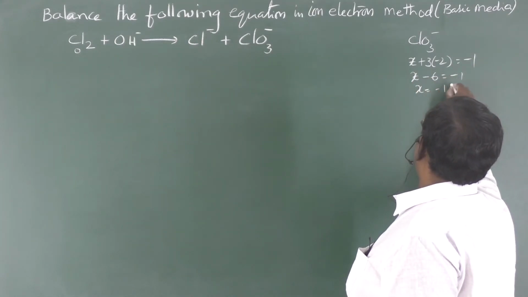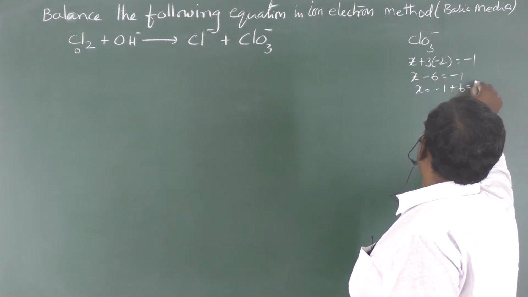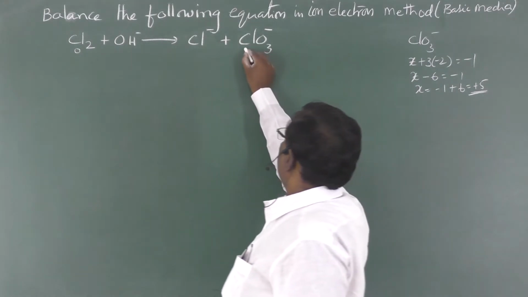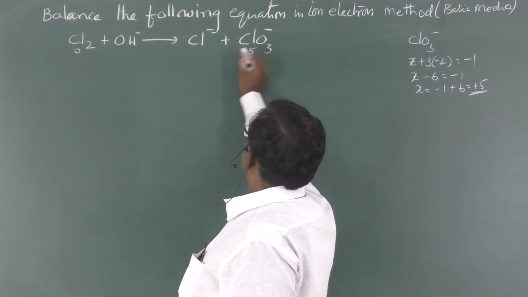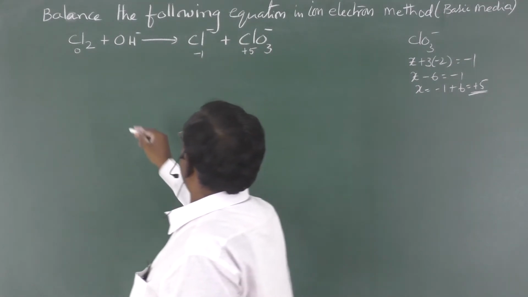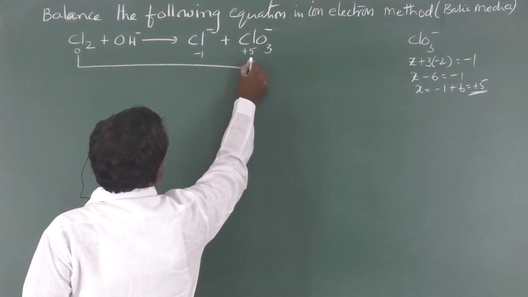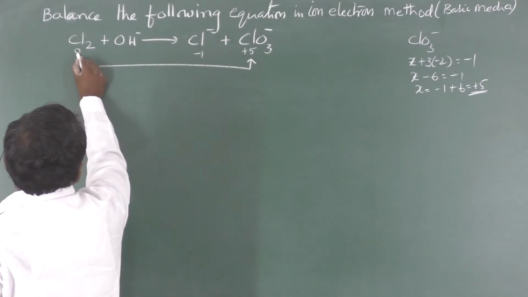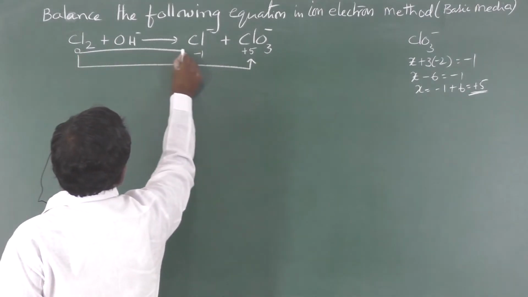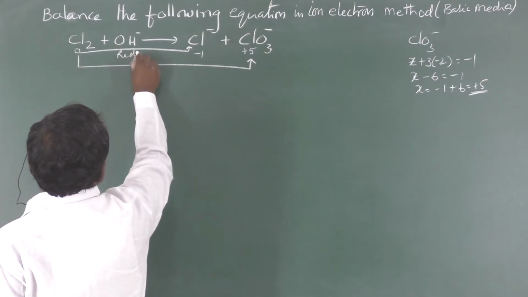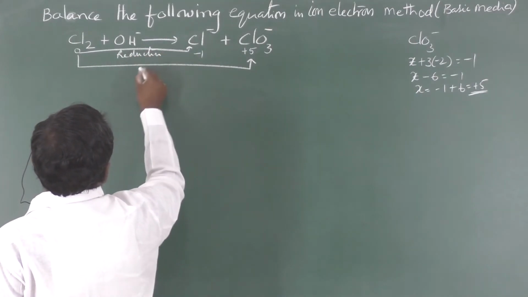X is equal to -1 plus 6. So it will be plus 5. So the chlorine oxidation state here is plus 5. Here it is -1. So chlorine is oxidized as chlorate and the same chlorine was reduced as chloride. This is reduction and this is oxidation.